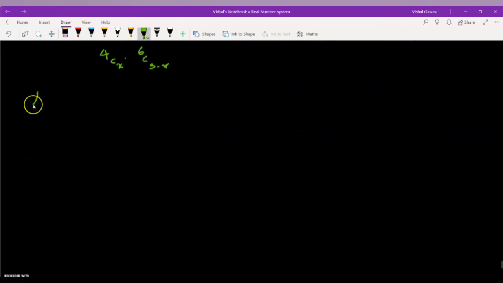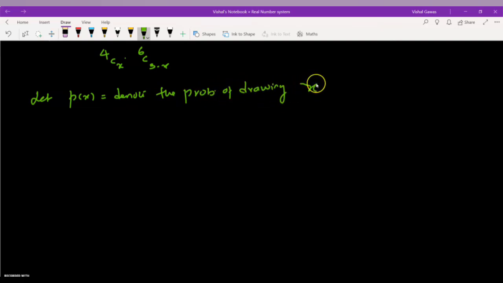Let P of X denote the probability of drawing X white balls. By the way, here X is nothing but 0, 1, 2, 3. I can draw no white ball, one white ball, two white balls, all three white balls.